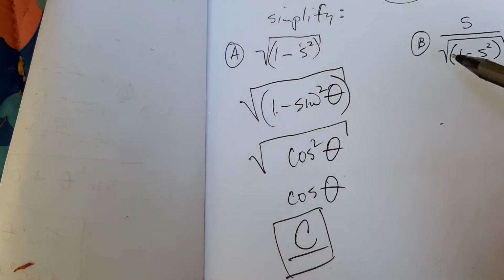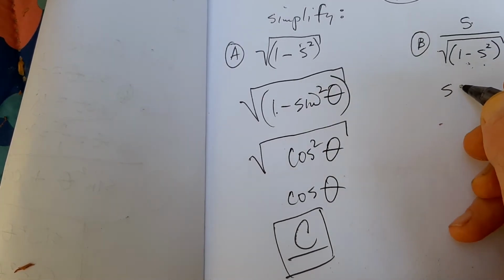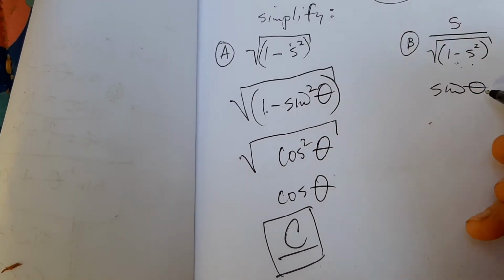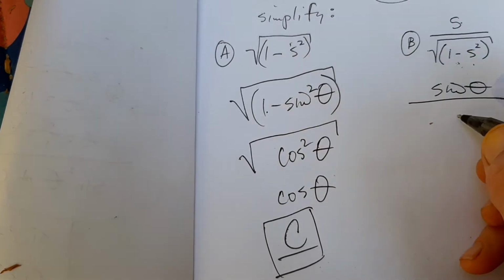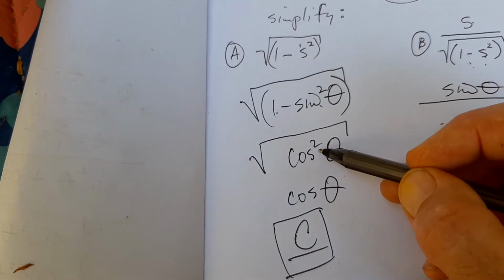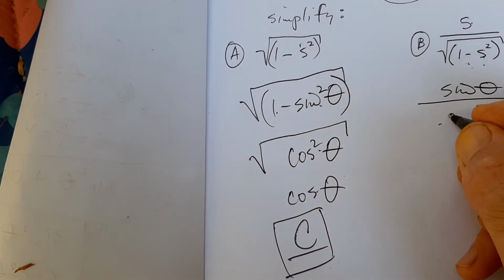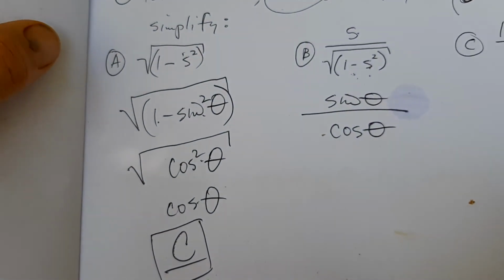See, you just got cosine on the bottom and you got sine up top. What's it going to come out to be? Okay, so sine theta, I'm substituting in for s, divided by, and I already know this because I already did it, I get cosine, right? If I substitute in sine squared theta, then I'd get the square root of cosine squared, I'd get cosine theta, and I can remember that one. I've got that one memorized.